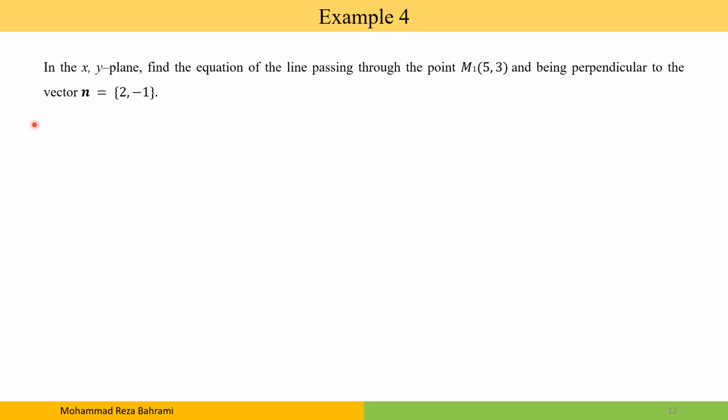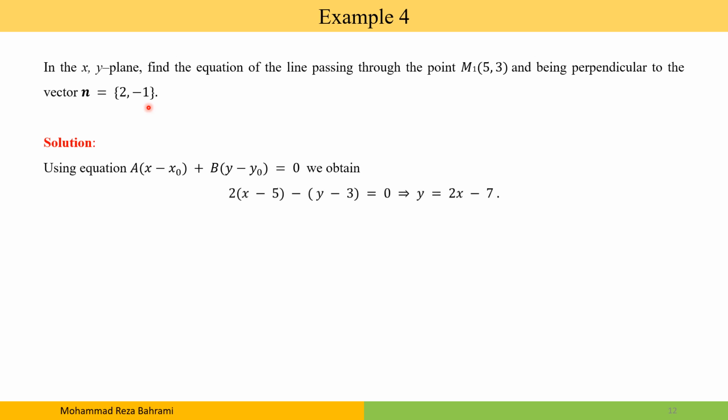In the other example, we have in the xy plane, find the equation of a line passing through the point M1 with the coordinates 5 and 3, and being perpendicular to the vector with the coordinates 2 and -1. Here, as you remember, we can use the expression that I showed you before: a times the difference of radius vectors plus b equals 0.